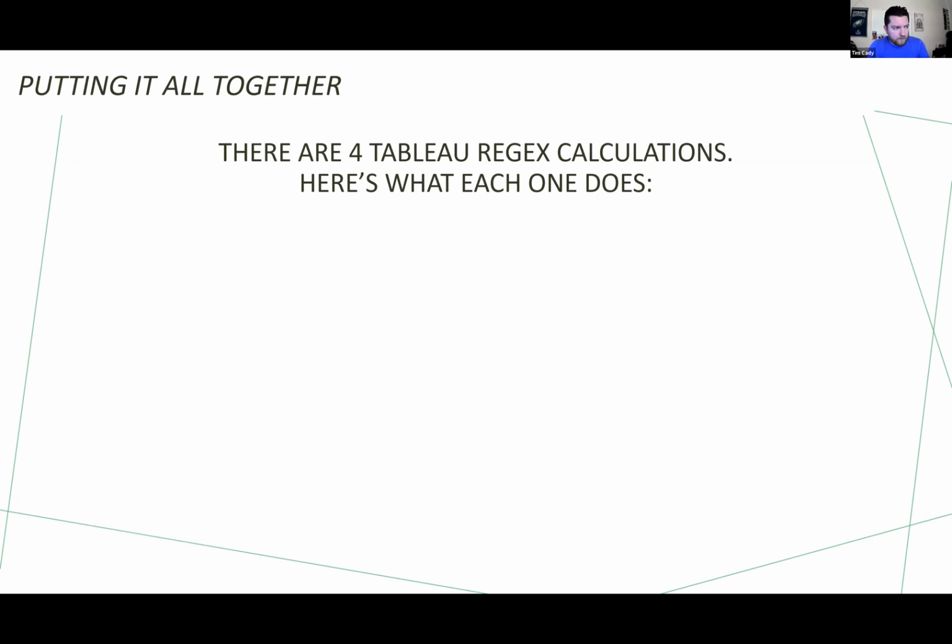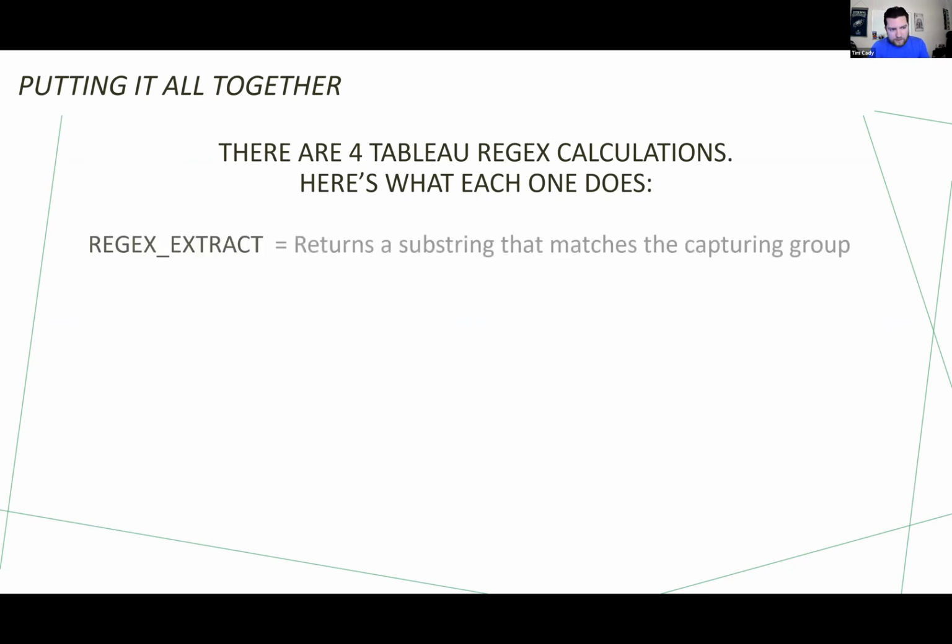So there are 4 regular expression calculations that we can use in Tableau, and pretty straightforward. Regex Extract returns a substring that matches your capturing group. Something you've identified in your search pattern, it's just going to return that substring.